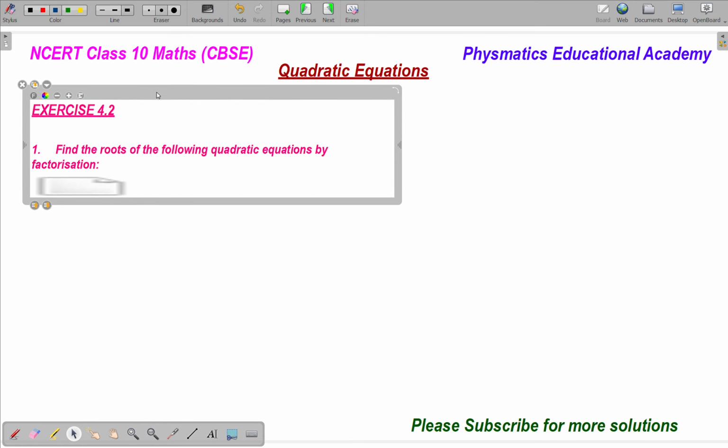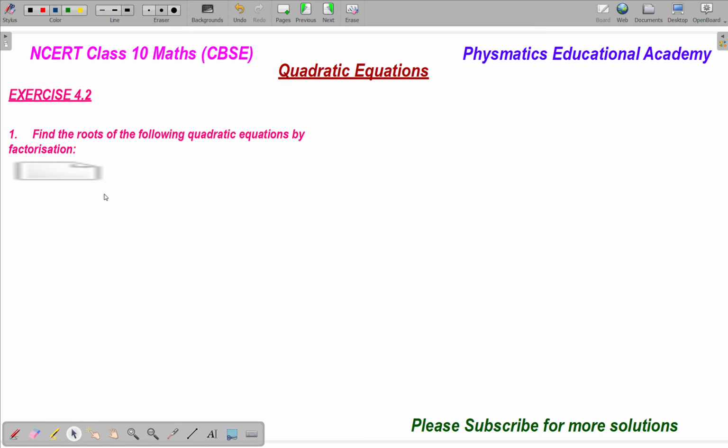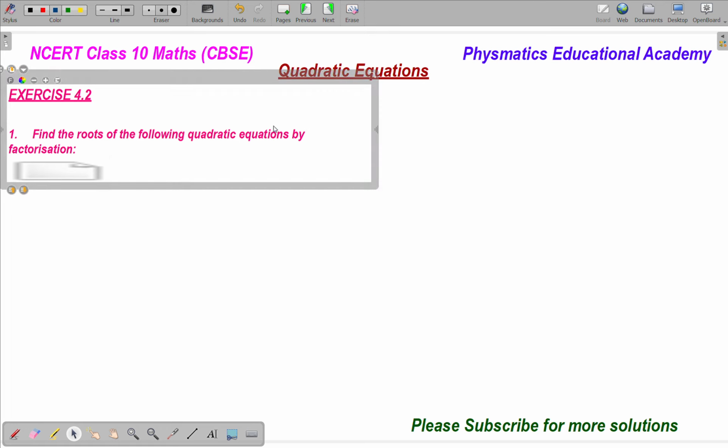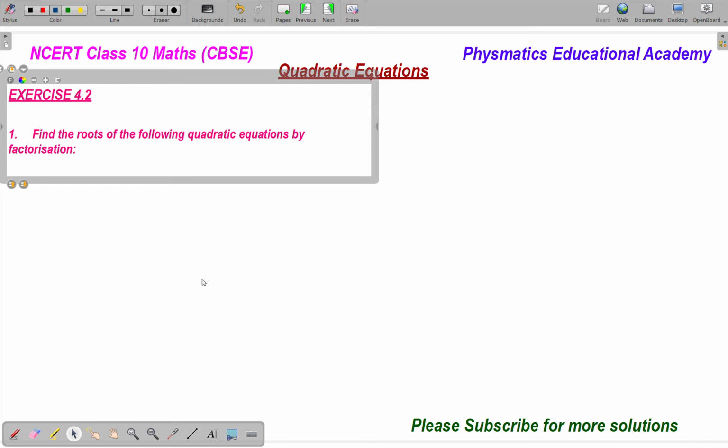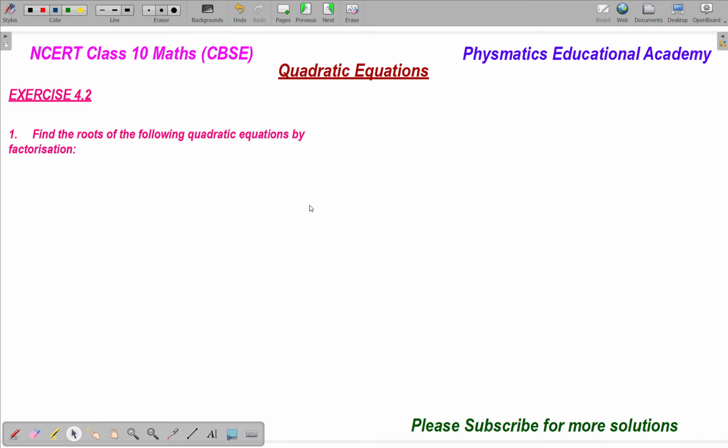So this is exercise 4.2. Find the roots of quadratic equation by factorization.